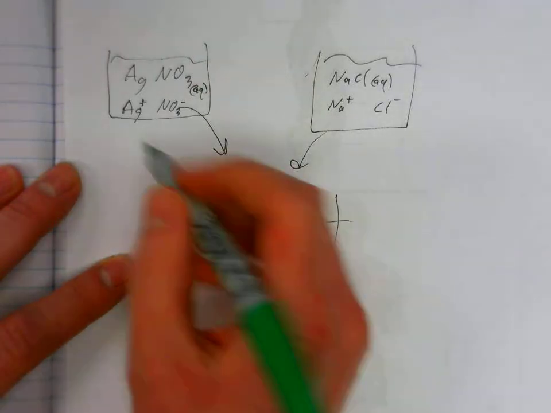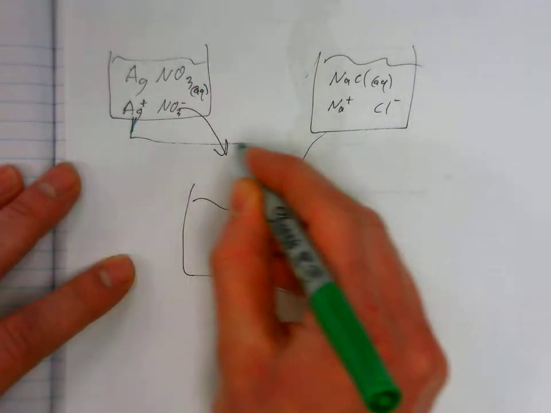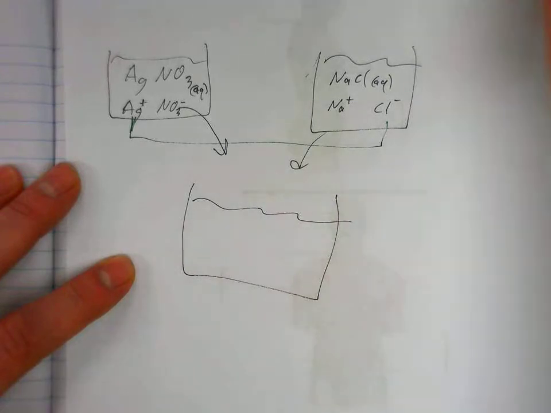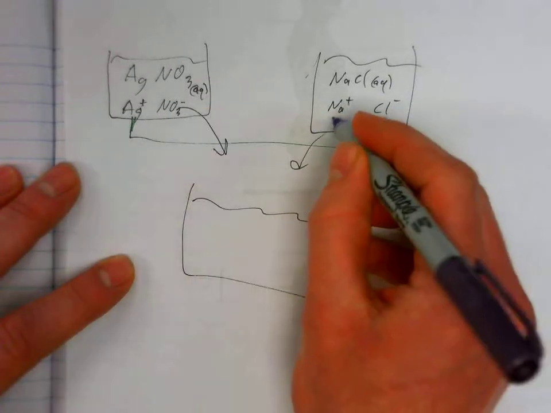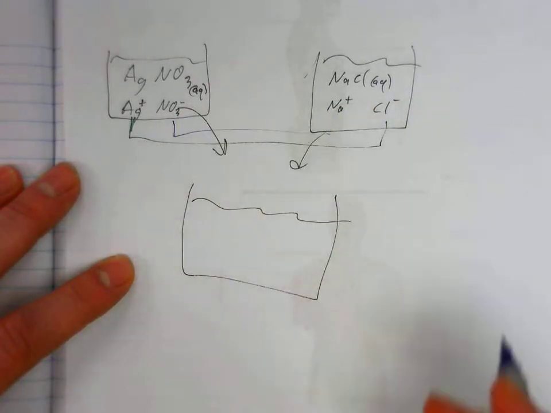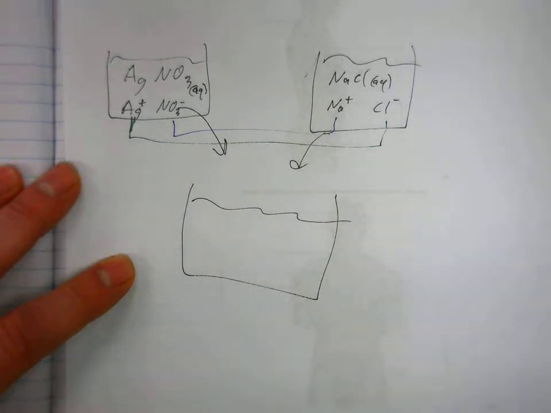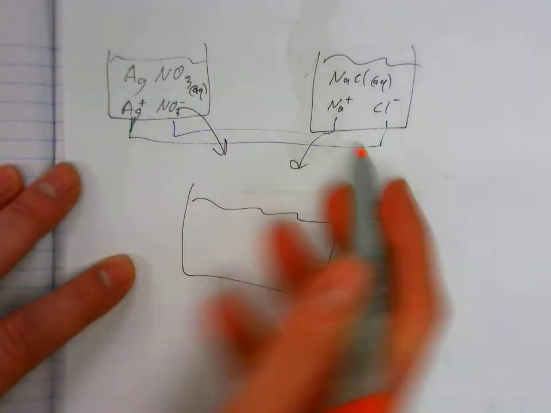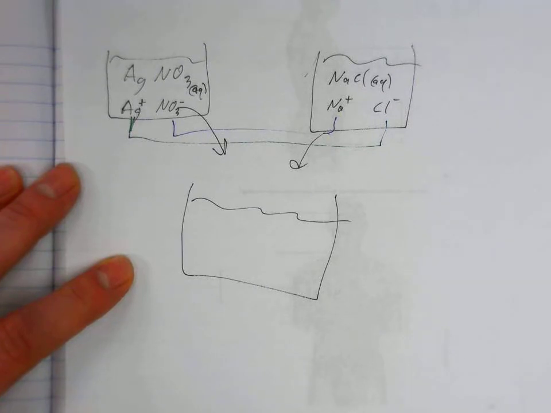So now the silver can combine with the chlorine, and the sodium can combine with the nitrate, which leads to the possibility that maybe one of those combinations is no longer soluble. It no longer is able to be dissolved in water.